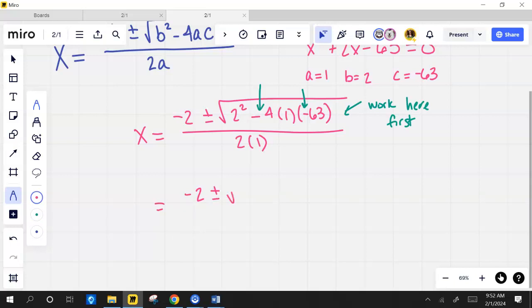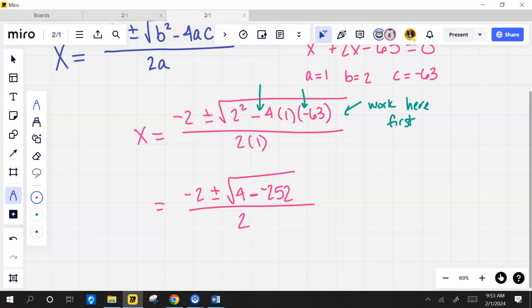-2 plus or minus the square root of 2 squared is 4. Minus, what is 4 times 1 times -63? -252, right? All over 2.